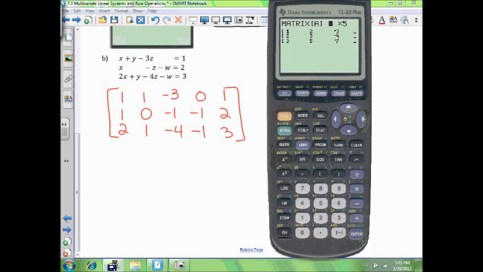We can put it back in A. It is a 3 by 5 matrix. 1, 1, -3, 0, 1. 1, 0, -1, -1, 2. 2, 1, -4, -1, 3. Now again, reduced row echelon form.